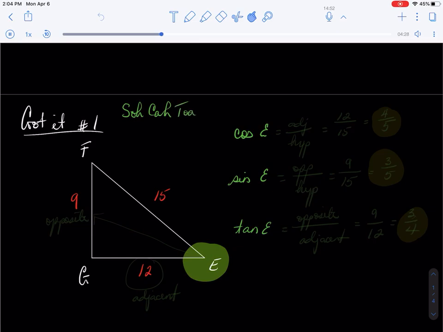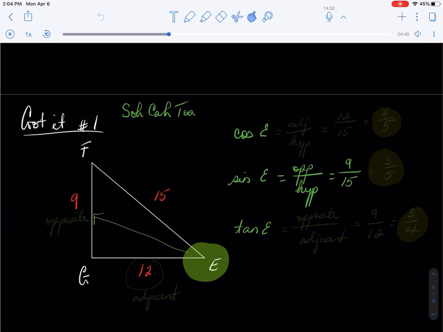For sine, it is opposite over the hypotenuse. Opposite from angle E is 9, over the hypotenuse, which is 15.